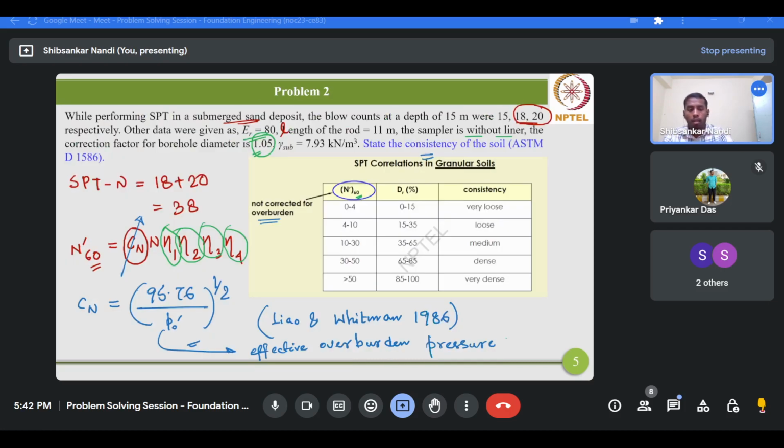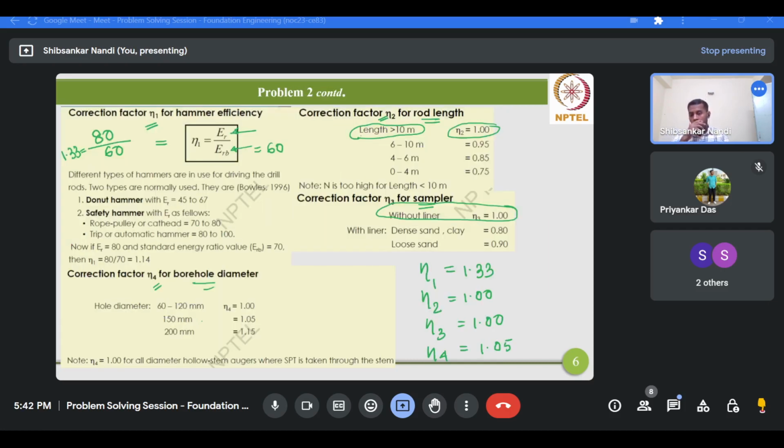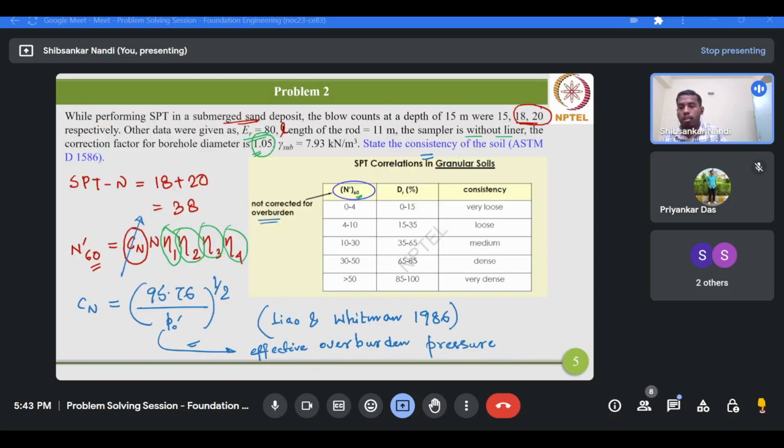If it's not given, then you can determine it from this table depending on the hole diameter, 60 to 120 mm, 150 mm and 200 mm. Now we'll substitute these values in this equation.